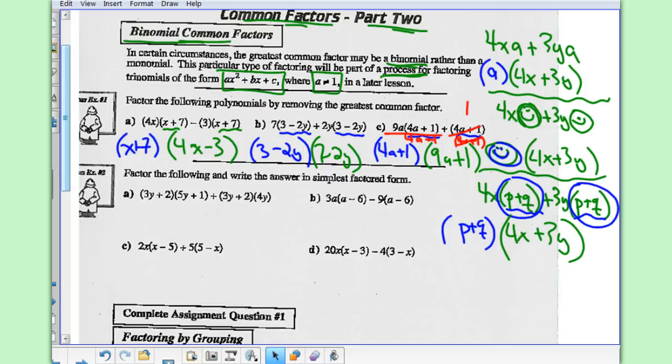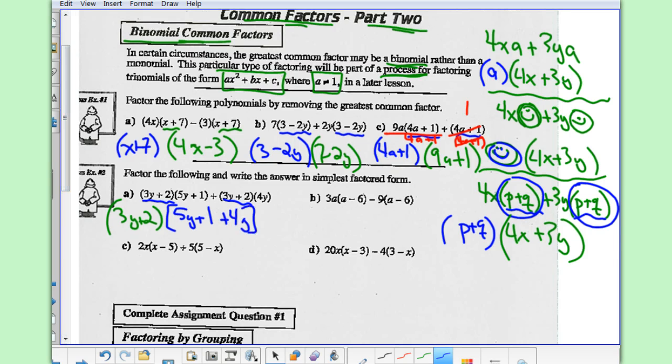And now you might want to try this one on your own, okay? Factor the following. Once again, we continue with that same strategy. And we can see, sometimes they're in a different order, but 3y plus 2 is the common factor. So I have 3y plus 2 times the leftovers, in this case, I take that out, and I'm left with 5y plus 1 plus 4y.